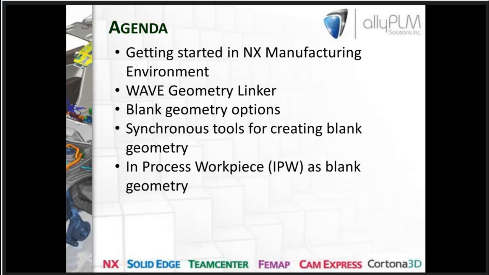Next, we'll look at wave linking your part geometry. Then we'll talk about each different option for creating blank geometry. Then we'll look at using synchronous tools to create blank geometry. And lastly, we'll look at how to reference an existing IPW, or in-process workpiece, as our blank geometry.